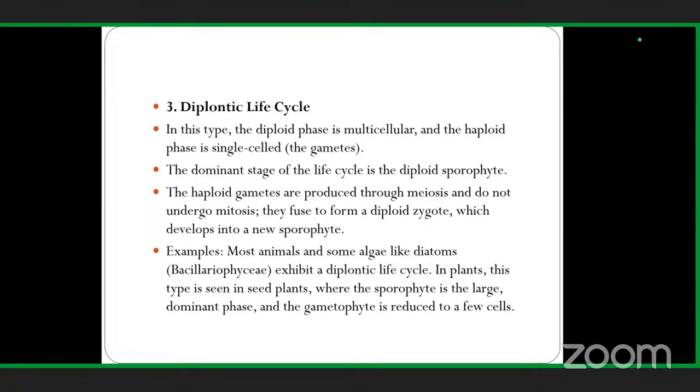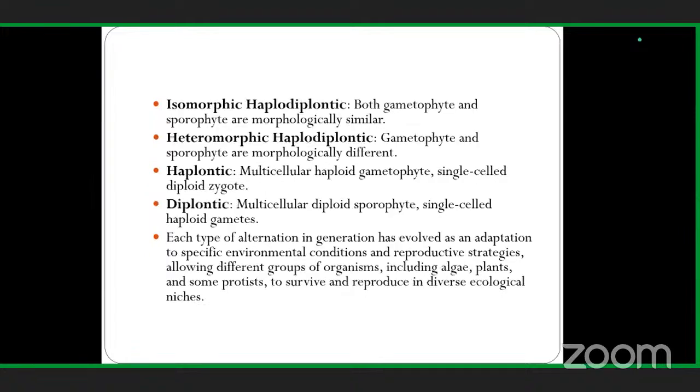Examples are diatoms, Bacillariophyceae, which exhibit a diplontic life cycle. In plants, this type is seen in seed plants, where the sporophyte is the large dominant phase and the gametophyte is reduced to a few cells only.